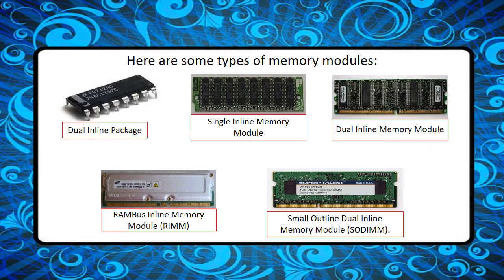So here are some types of memory modules. We have the dual inline package, single inline memory module, dual inline memory module, rhombus inline memory module or RIM, and then the small outline dual inline memory module or SODIMM.